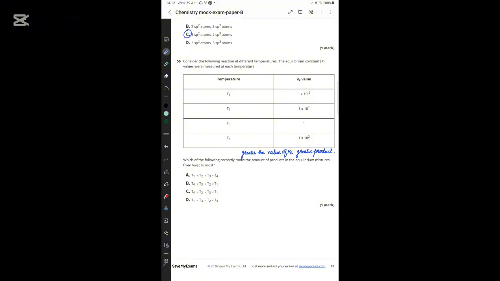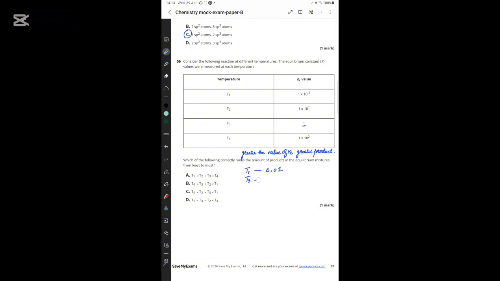So first of all, the least value is going to be at T1, where Kc value is 0.001. It is 0.01. And for T2, let's find the next biggest value, that is going to be 1 definitely.